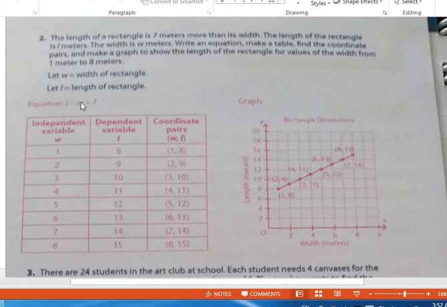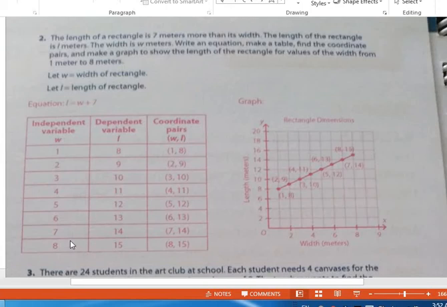So the independent variable will be the width. And the question asks for the values of width from 1 meter to 8. So I write from 1 to 8 in order: 1, 2, 3, 4, 5, 6, 7, 8.